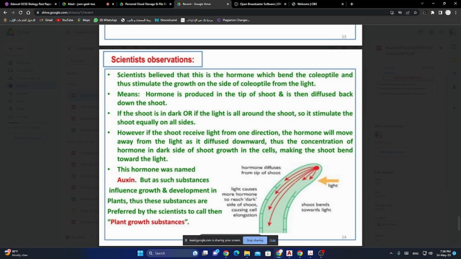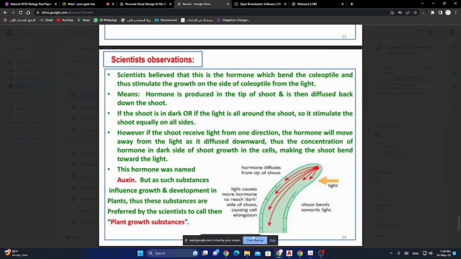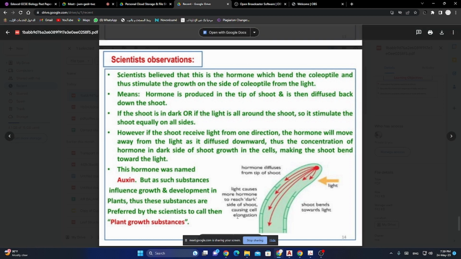They mentioned the elongation here. I don't think they did. Okay, so it's going to cause the cells to the left to elongate. It's not going to really divide. The cells are going to elongate instead of dividing. Yeah, they did mention it here.